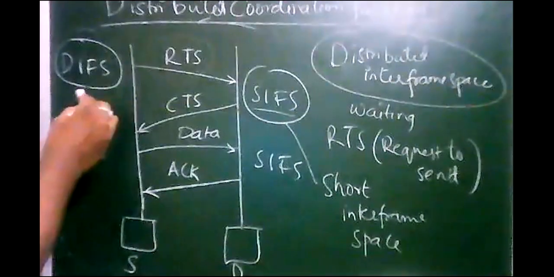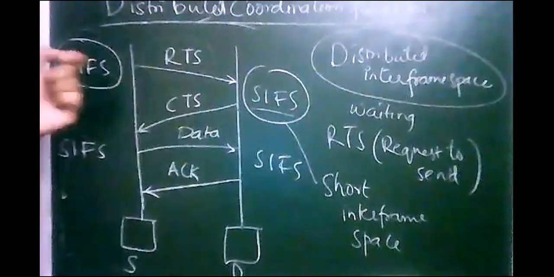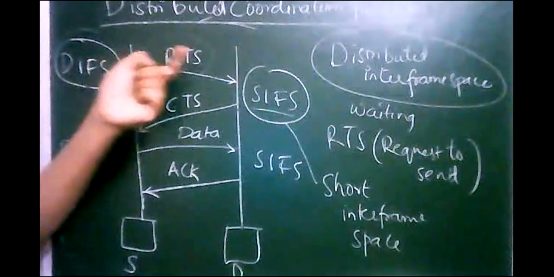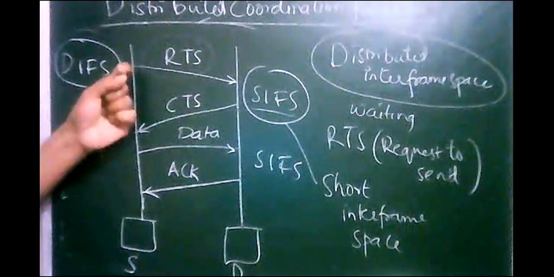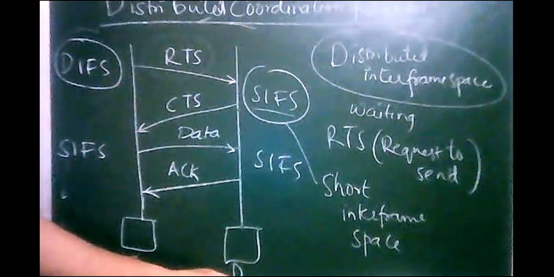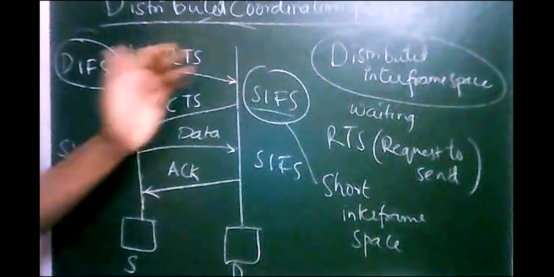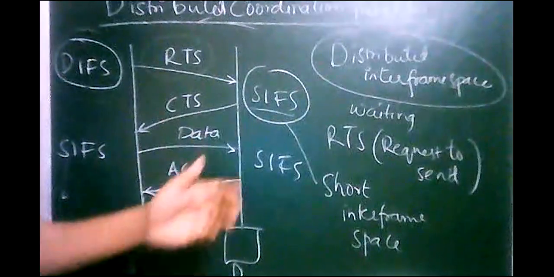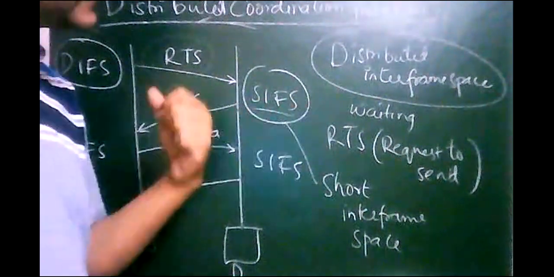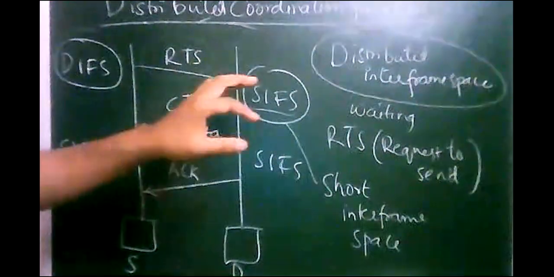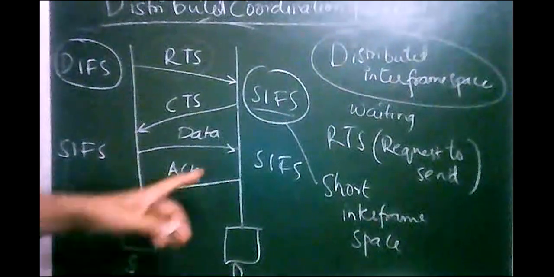Before sending data, we are sending a request to the destination that I want to send data. After receiving the request, the destination will wait for a certain period to process this request. To process this request, it needs some time. That time is nothing but the short interframe space, which is used by the destination system.